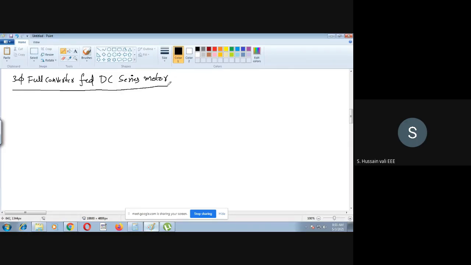So what is the circuit diagram? The circuit diagram will be drawn here. So you have all six as thyristors. That's the only difference you'll find, and there is no freewheeling diode, unlike in the semiconverter. Okay.